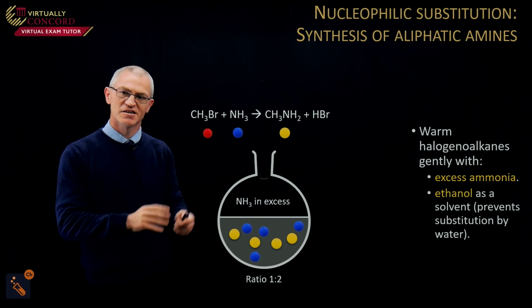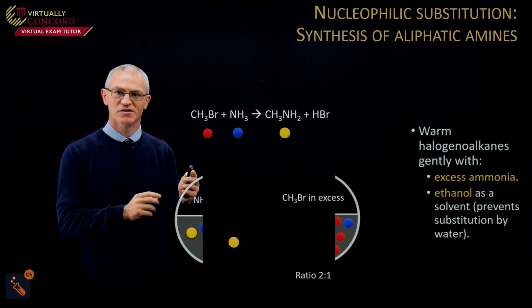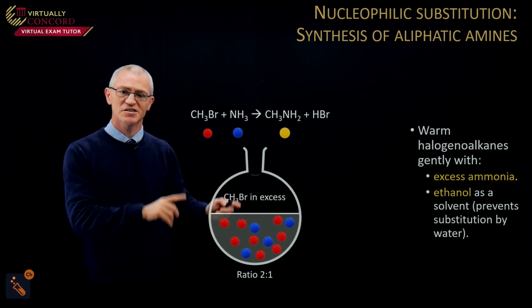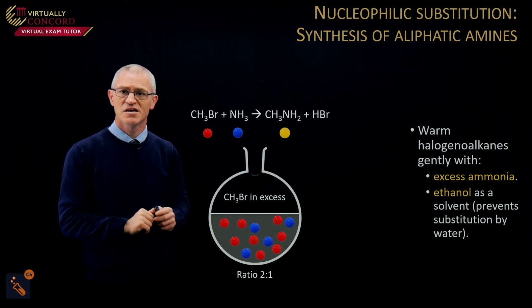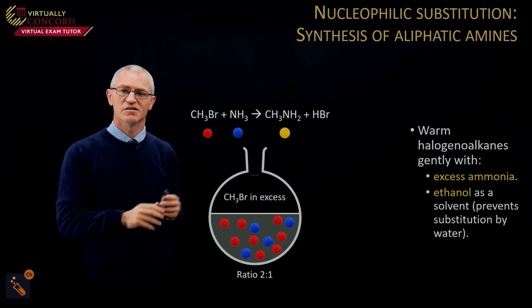But to prove that, let's look at what it looks like if the CH3Br is in excess. We're going to do exactly the same thing. One of those and one of those is going to make this. So one of my halogenoalkane and one of my ammonia is going to make our amine.